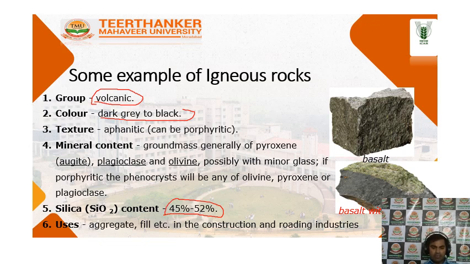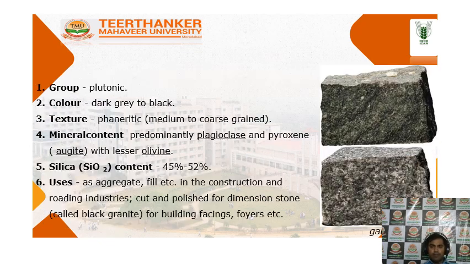Its uses are generally aggregate fill and construction of buildings, roads, industries. In different ways we can use basalt rock. Basalt is an igneous rock, and under the igneous classification of acidic and basic, it is basic in nature.